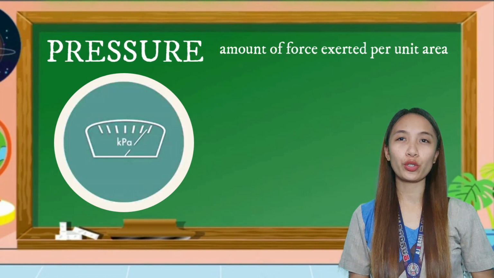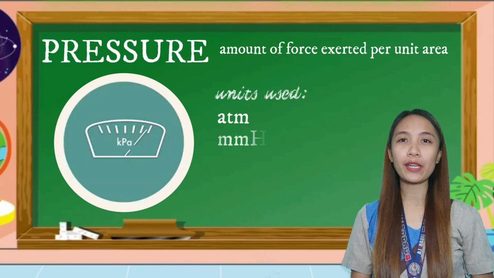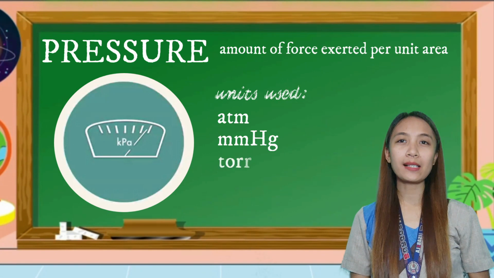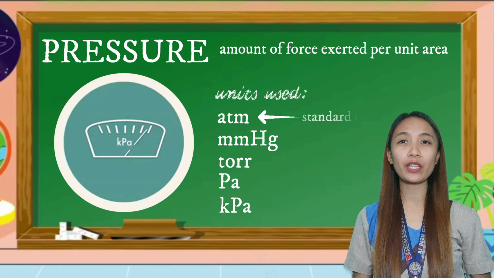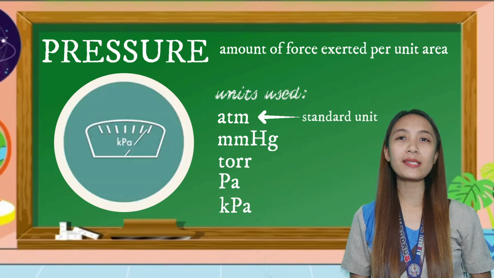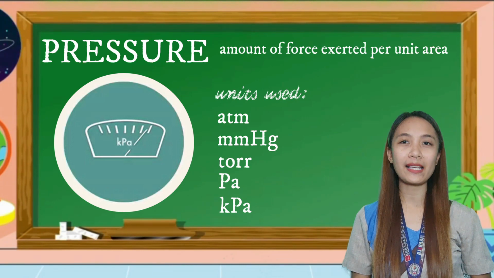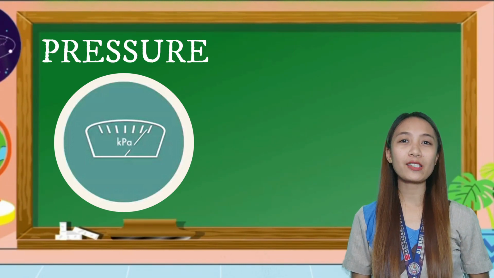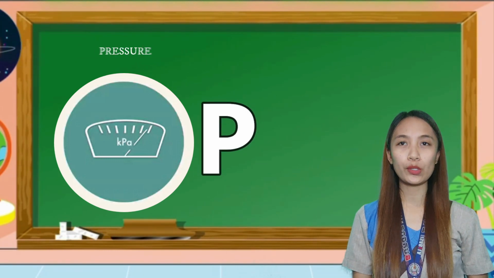To measure pressure, we use the units atmosphere, millimeter mercury, torr, pascals, or kilopascals. Since atmosphere is the standard unit for gas pressure, you will be seeing values expressed in atmosphere most of the time for our entire lesson. When the generalized variable of pressure is discussed, the symbol P is used.